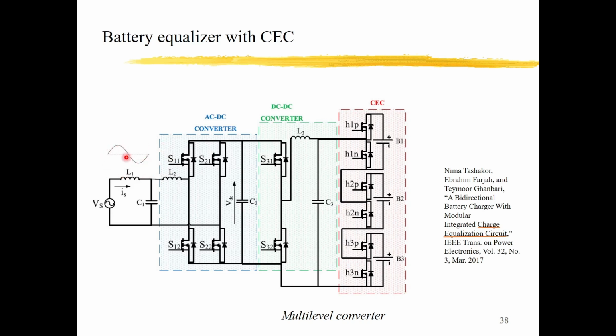For the AC input, sometimes the input voltage is low, sometimes the input voltage is high. So if we want to charge a smaller number of batteries, we can choose when the input voltage is lower. When the input voltage is higher, we just charge more batteries.